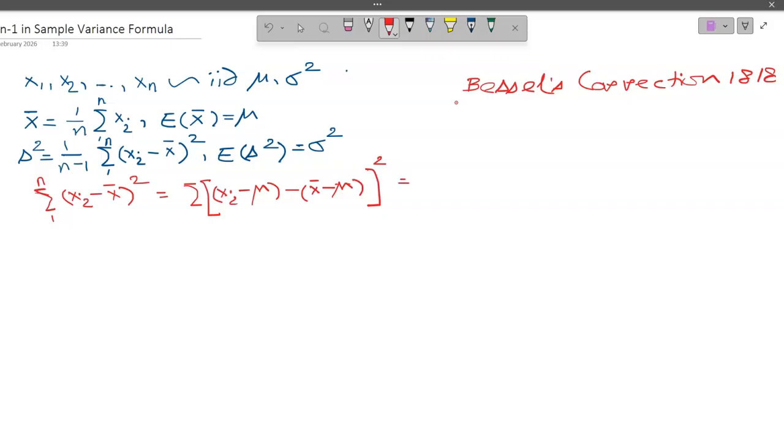And we use the formula (a minus b) whole square equals a square minus 2ab plus b square.